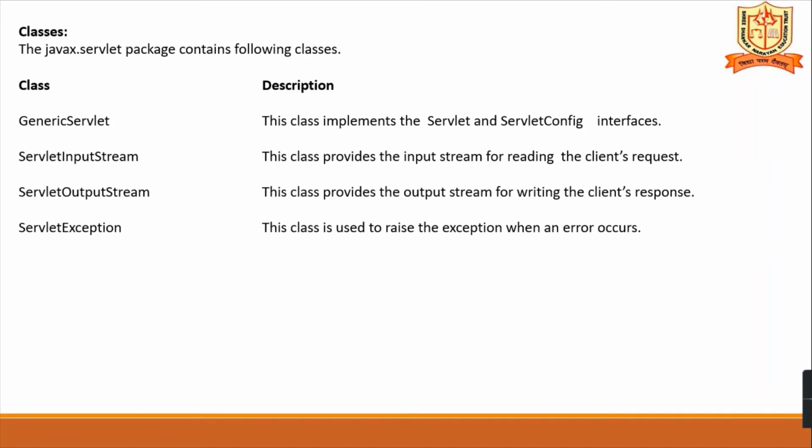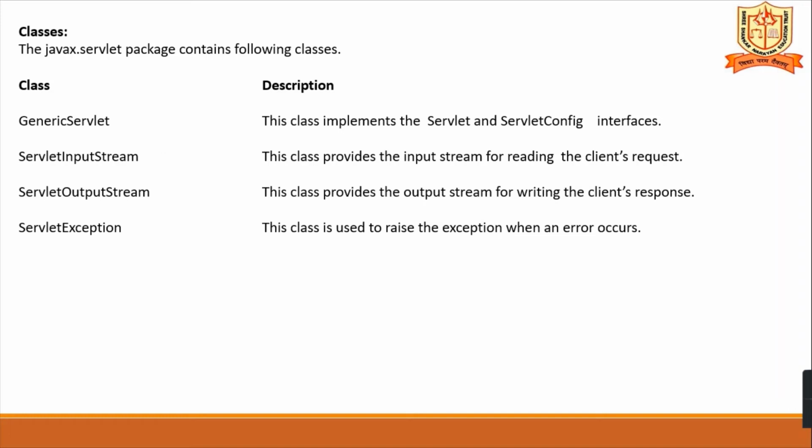Is it clear? Next, the javax.servlet package contains the following classes: GenericServlet, ServletInputStream, ServletOutputStream, and ServletException. GenericServlet, this class implements the Servlet and ServletConfig interfaces. ServletInputStream provides the input stream for reading the client request, and ServletOutputStream provides the output stream for writing the client's response.